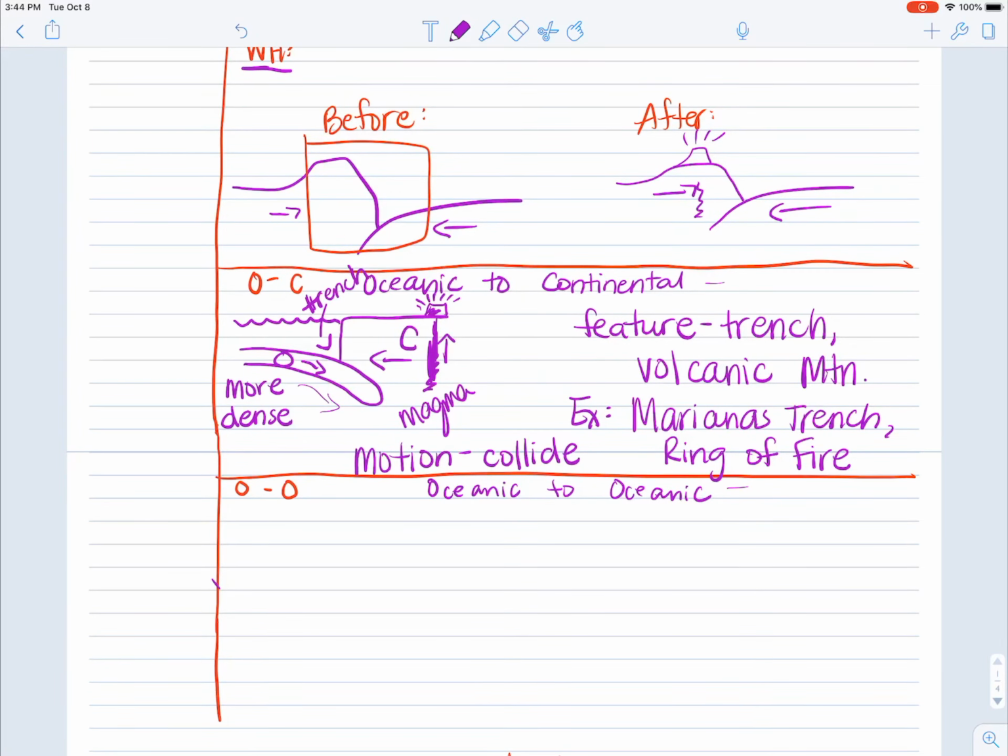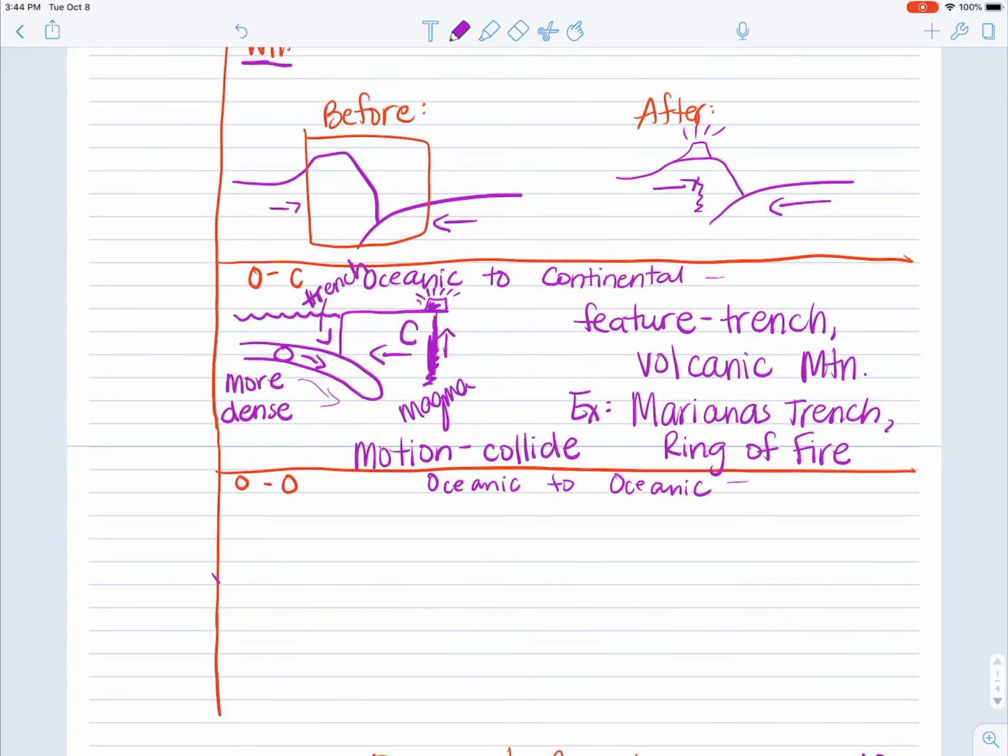And then that other example of a convergent boundary is oceanic to oceanic. And so for this one too, you have a plate, you have another plate. So these are both going to be oceanic.